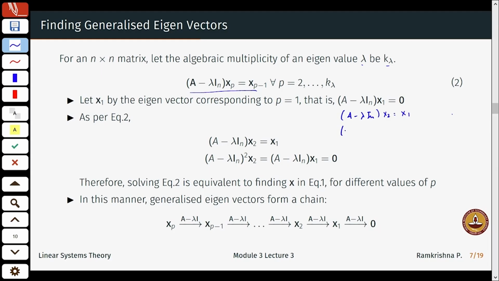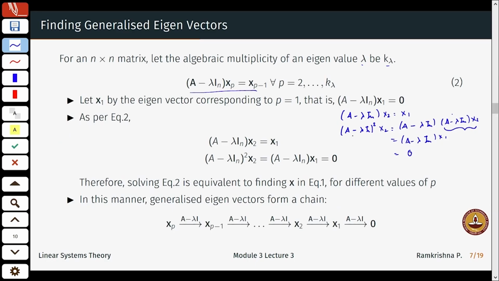And this will result in an expression which is (A minus lambda I) squared x2. This I can write as (A minus lambda I)(A minus lambda I) times x2. Now, what do I know about this? This is (A minus lambda I) times x1, and I know that x1 is already an eigenvector, so this will be 0.